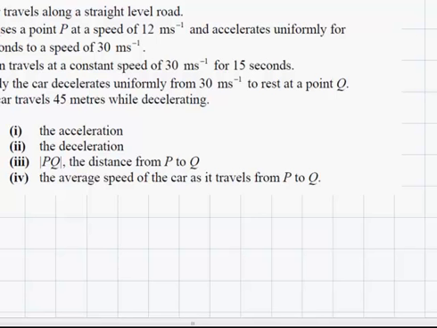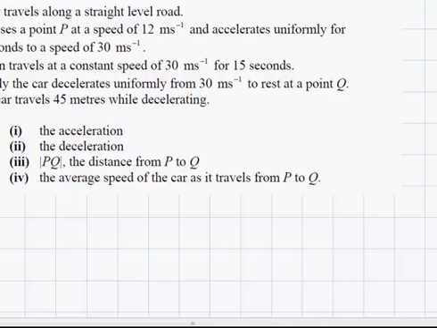So there's a car that travels along a straight level road. It's got 3 parts to the journey. Those parts of the journey are, let's number them, 1, 2 and 3. Now the acceleration will happen on the first part of the journey.